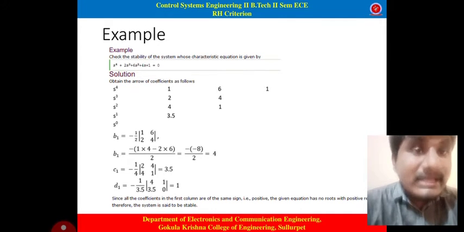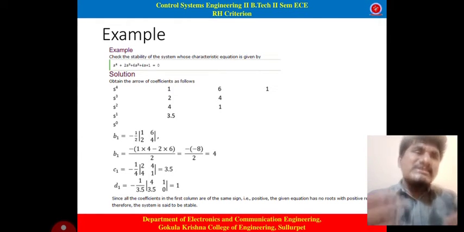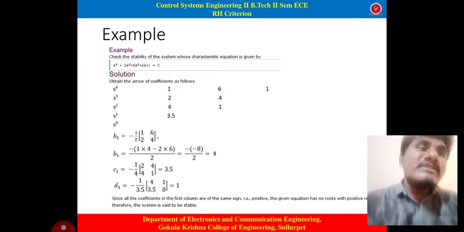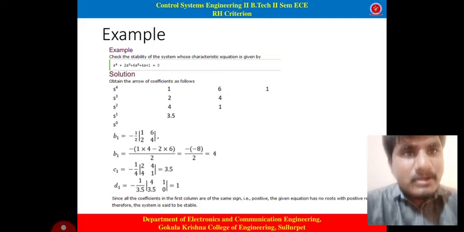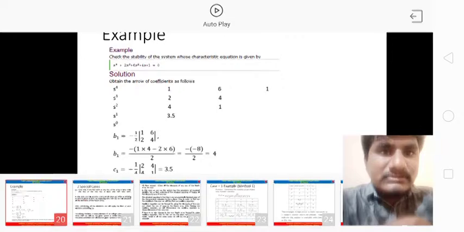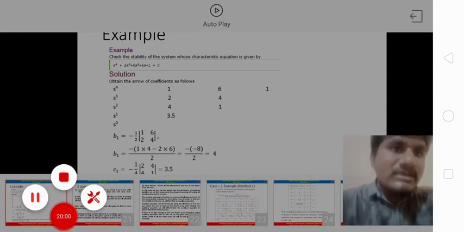That is what they have written directly. We have a few more examples where we can see how to calculate those values. And c1 is calculated, so this is how to actually fill the Routh table. After filling the Routh table, we will determine the stability of this particular system, and we will see how.